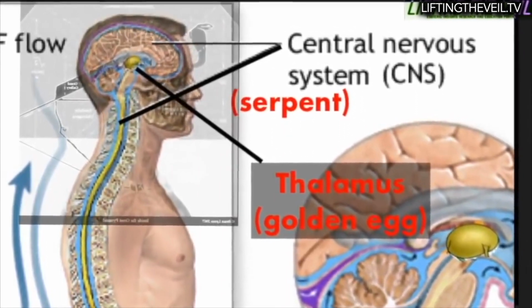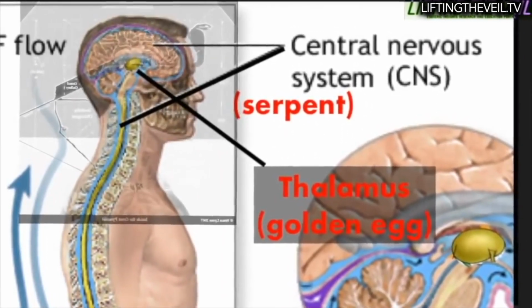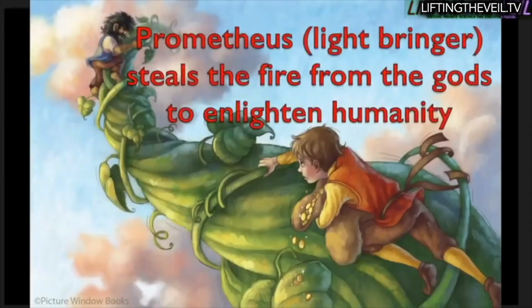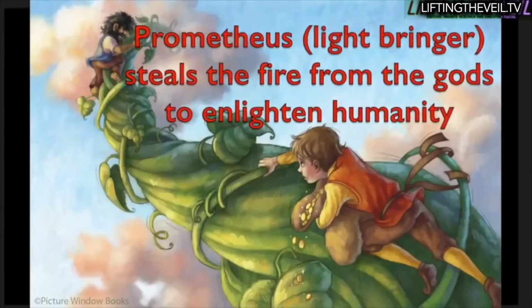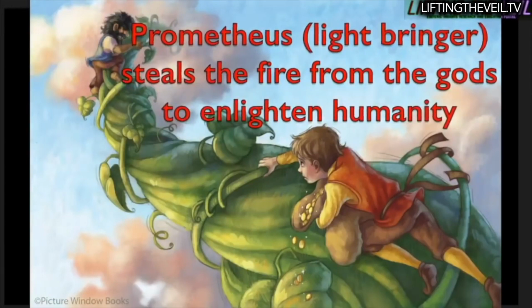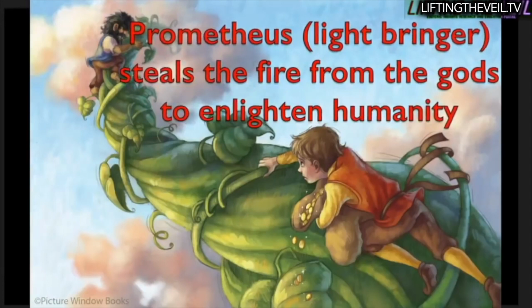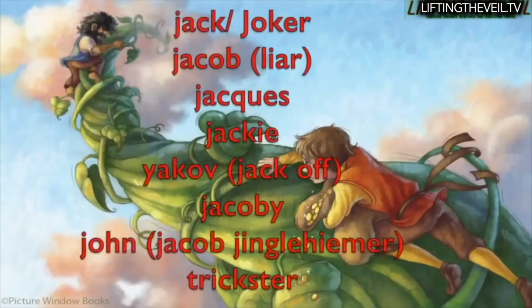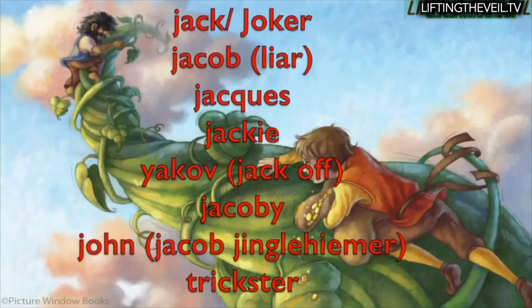This is the story of Jack and the Beanstalk, where he climbs the spinal ladder to heaven and attains the golden egg laid by the golden goose, and then returns to earth with the golden egg, the golden mean ratio, the creation of life, the bringing forth of life into matter, and how Jack is the same as Jacob, Yaakov.